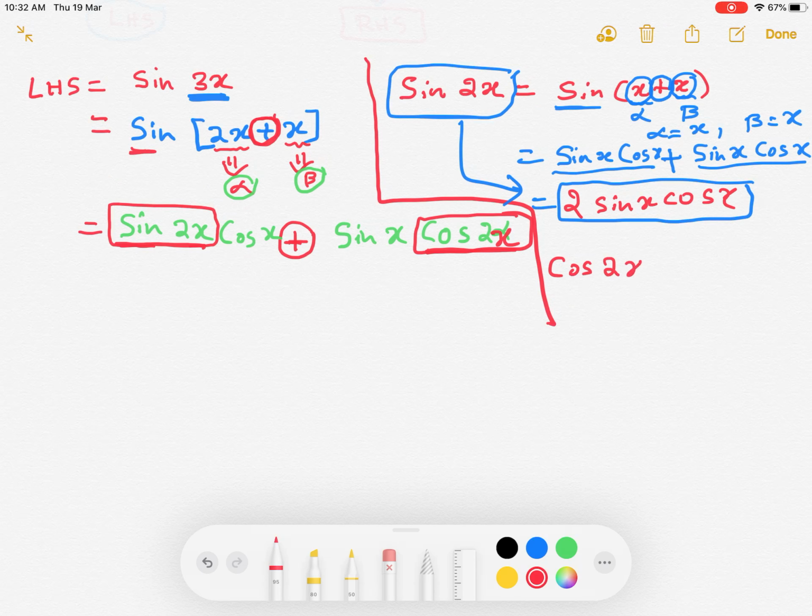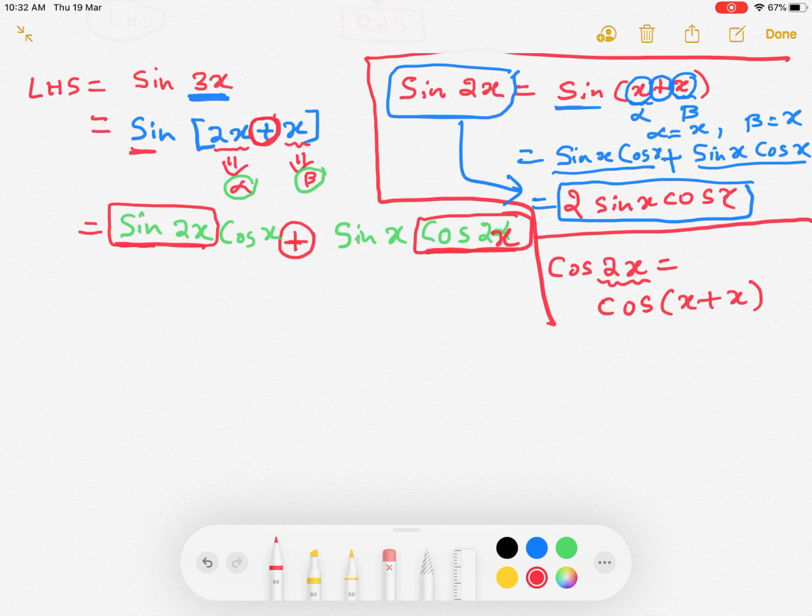Next, what you want? You want cosine 2x. What is cosine 2x? Cosine 2x is equal to what? Just split 2x, cosine x plus x. Take x as alpha, this x as beta. So alpha is equal to x and beta is also x. Just use the formula for cosine alpha plus beta.